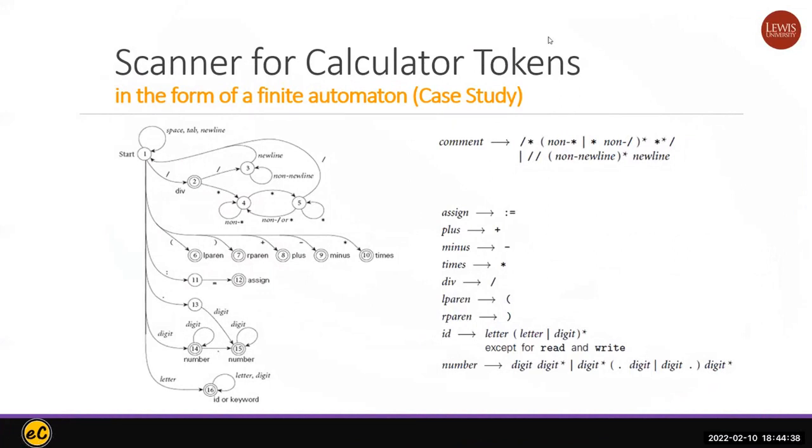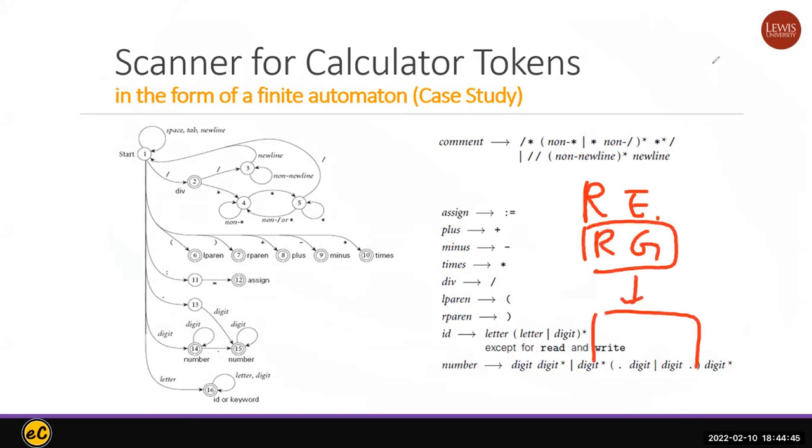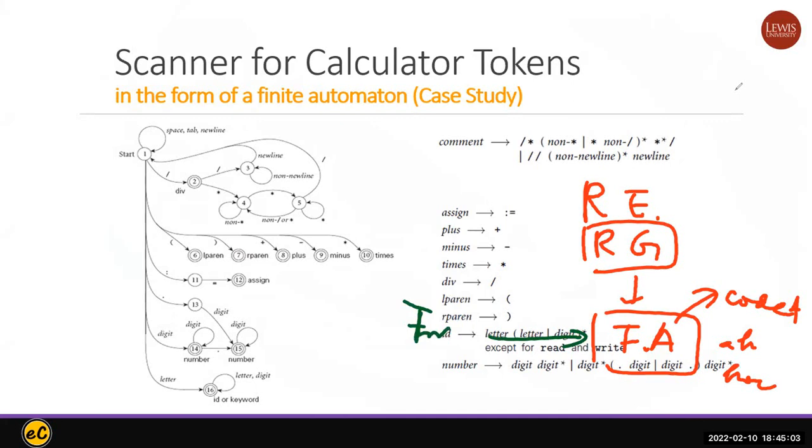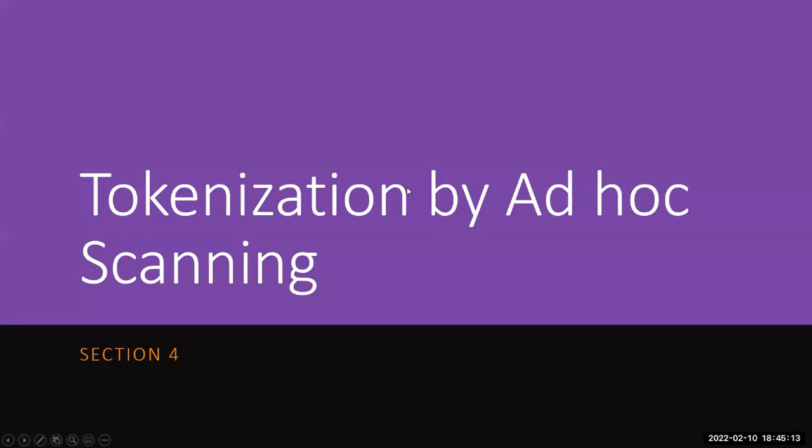So basically, from your regular expression or regular grammar, you can generate your finite state machine or automata, and this one can be coded using ad hoc algorithms. And that's the previous page, and then your input file will be given to here, and you generate tokens after this. So that's the basic idea of this finite automata.